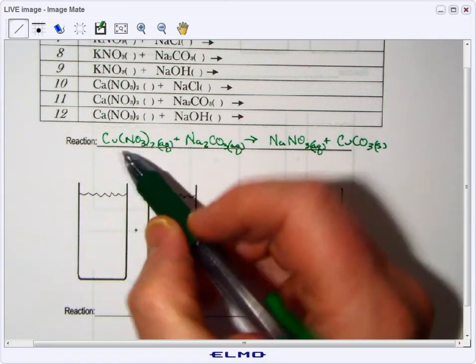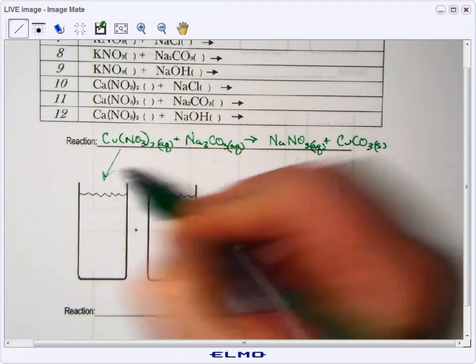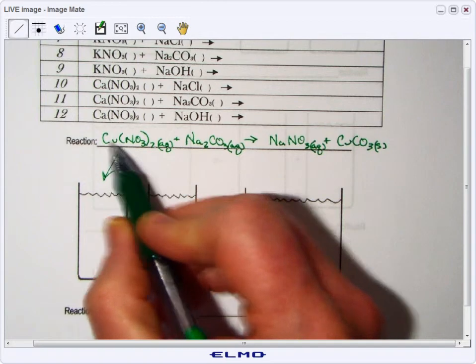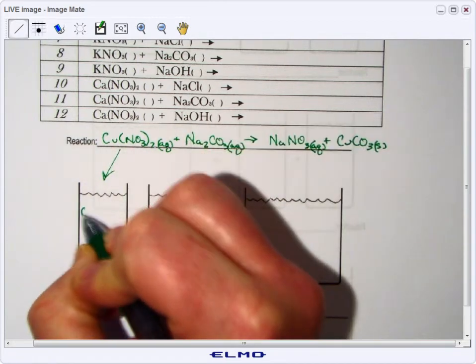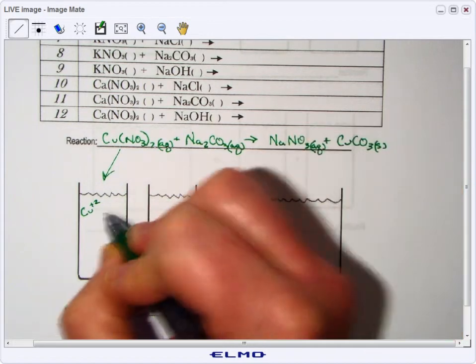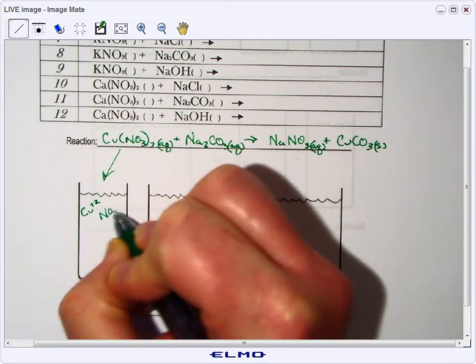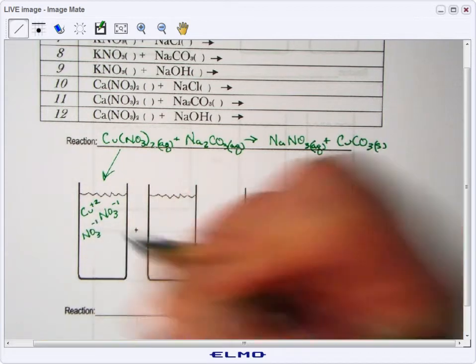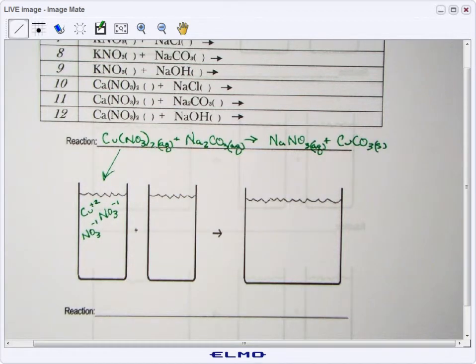So what would this look like if it was dissolved in water? These ions all split apart. So I have the copper 2 ion, and I have 2 of my NO3 ions. When they dissolve in water, they split apart. They're all swimming around, sitting in a little inner tube, a little floaty device.